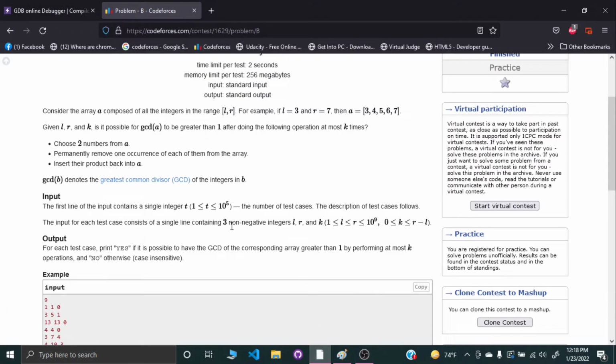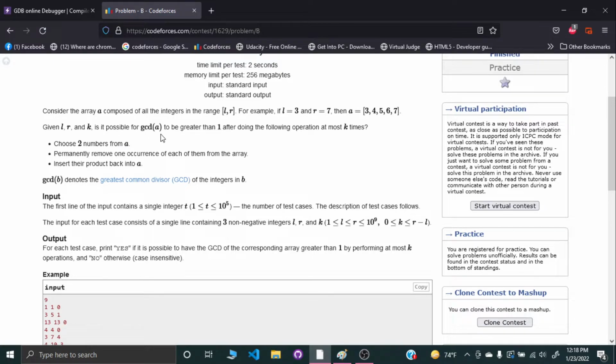Now, we're also given another integer k, and we can do some operations on that array at most k times.